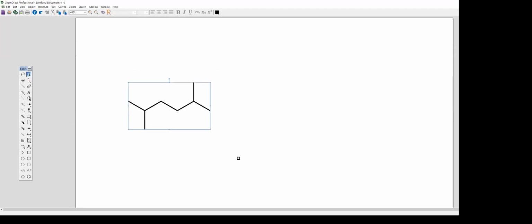So I'm going to draw some chemicals that will have more than one functional group in them. I would like you to practice drawing these, and identify the functional groups, please.